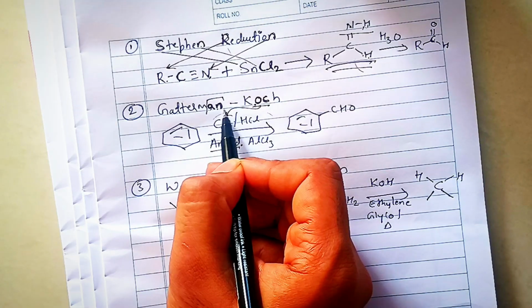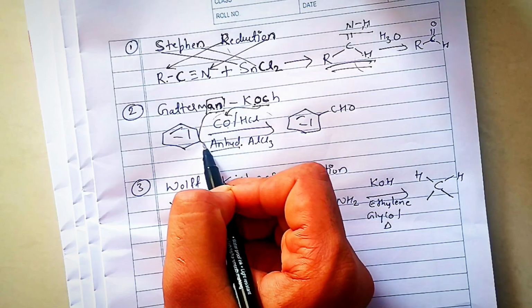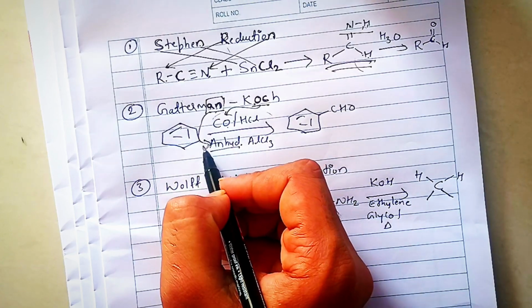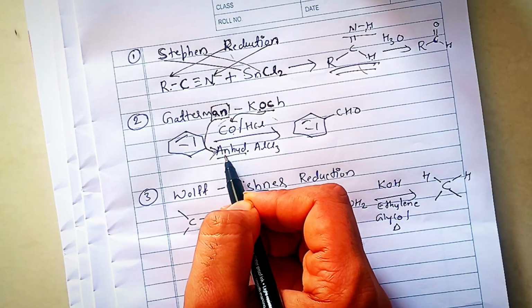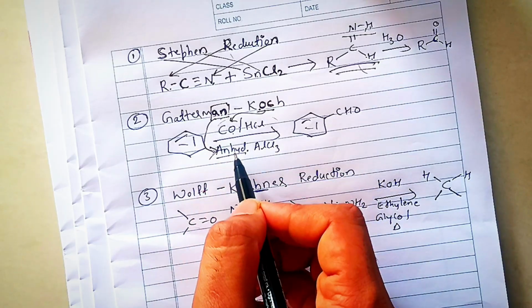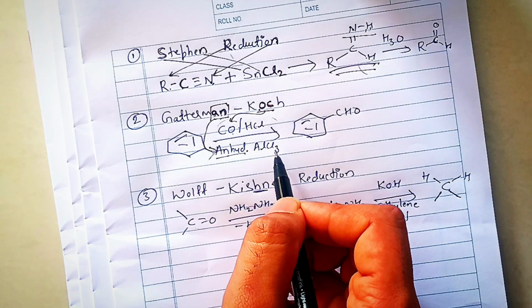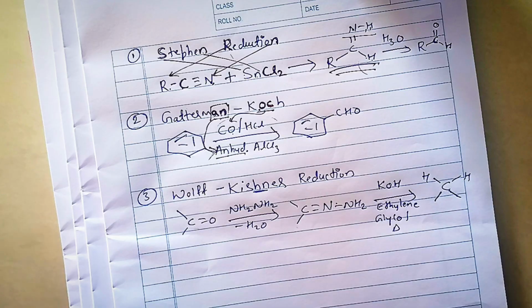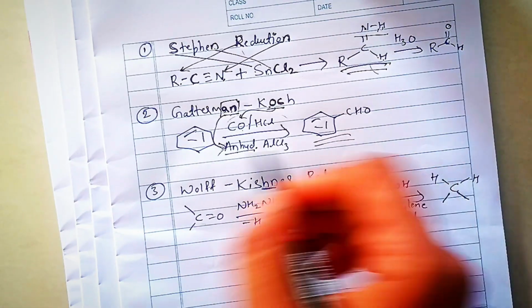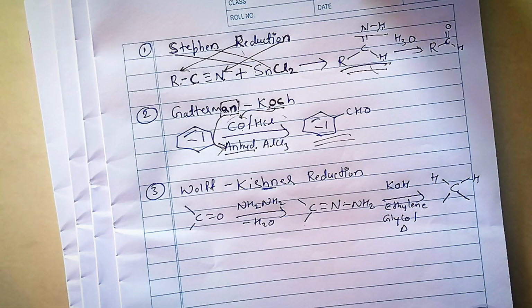This AN can easily be put in here, so AN indicates that anhydrous AlCl3 will be added. So in the end there will be an aldehyde, right?